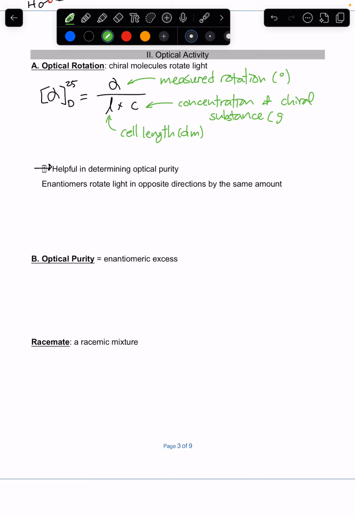And this is often measured in grams per milliliter. Okay, and this normalized value is called specific rotation. Okay, and it's often measured on a device called a polarimeter.